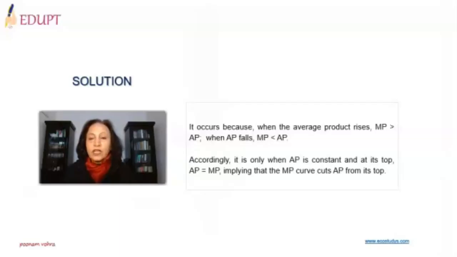Accordingly, it is only when average product is constant and at its top, marginal product is equal to average product, and marginal product curve cuts average product from its top.